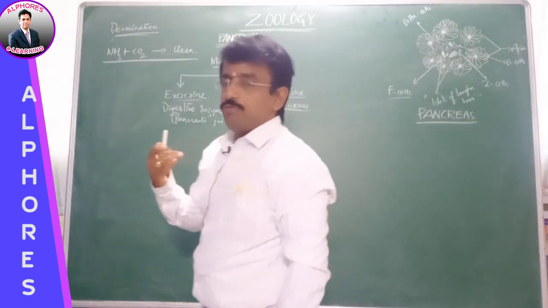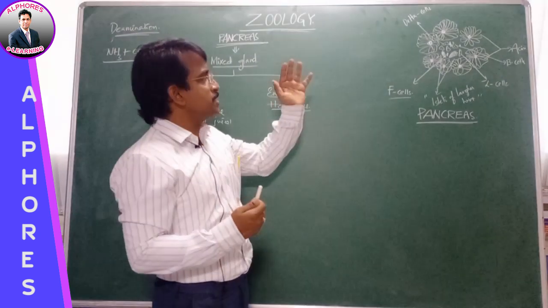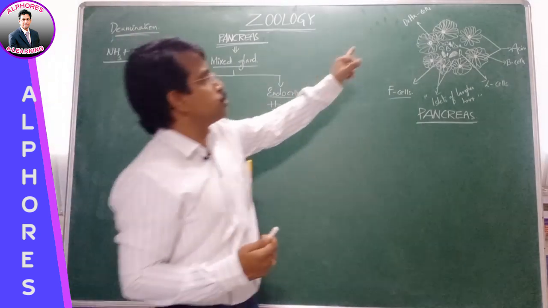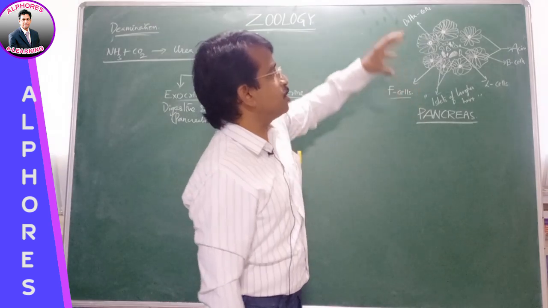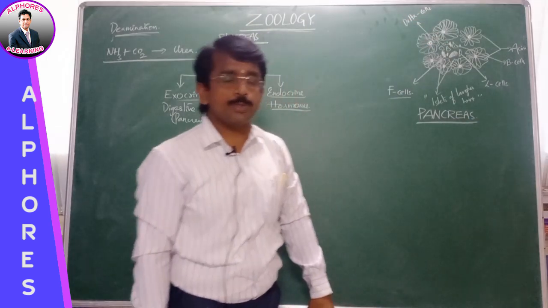In the exocrine part of the pancreas, we see the acini lobes, which synthesize the pancreatic juice.